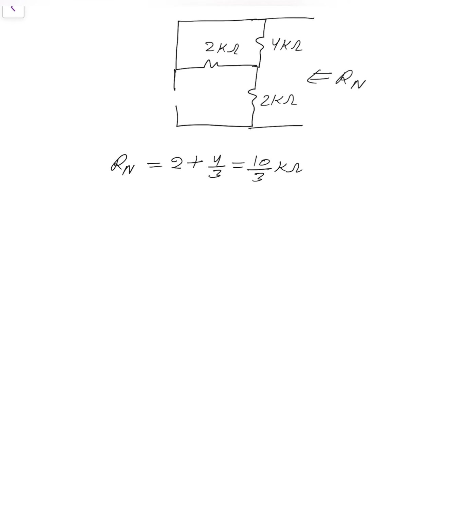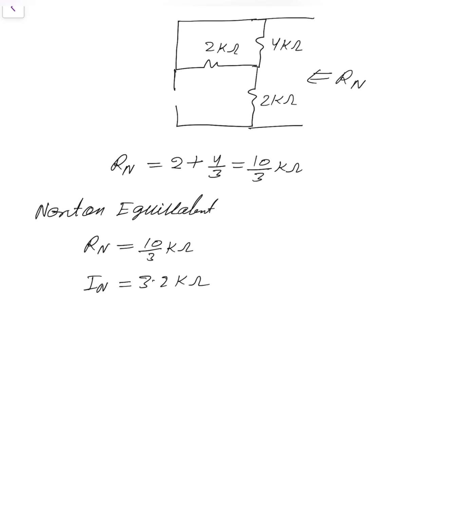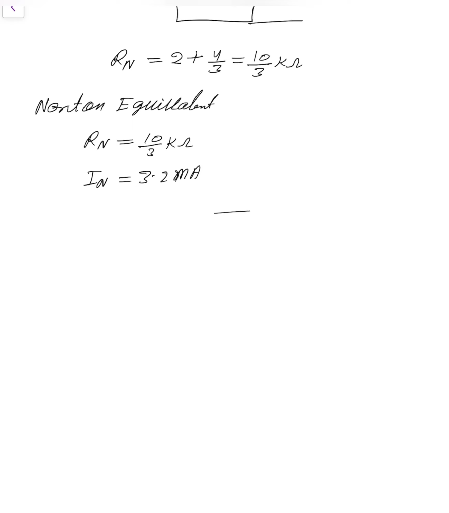So for the Norton equivalent, RN is how much? 10 by 3 kilo ohm, and IN is 3.2 milliampere.